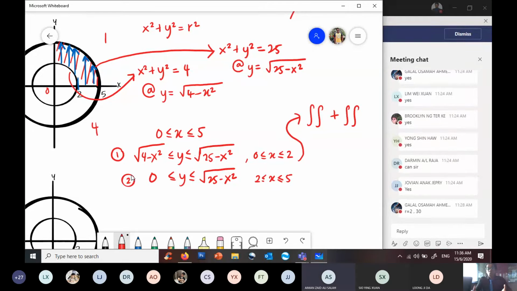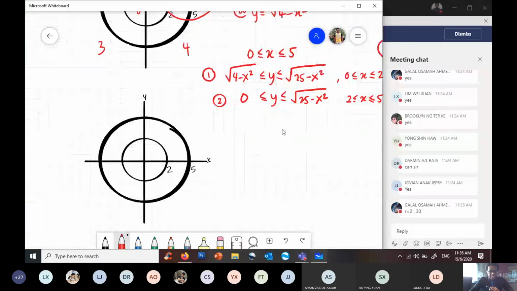So it's more work because you have to compute two different integrals and finally add the answers together. Not impossible, but a bit hard. But now that we have the knowledge of r and theta polar coordinates, there's an alternative way to do this. So let us do the alternative way.